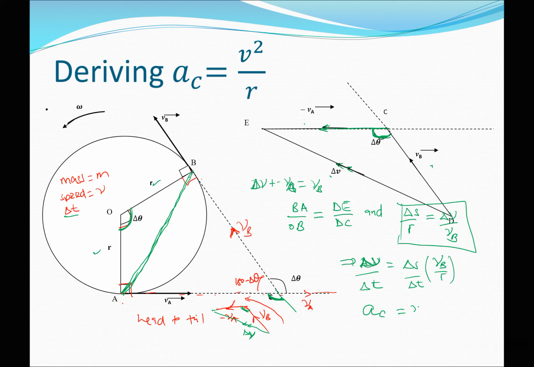So this is going to be V, the curvilinear speed or velocity V. So this is going to be V times VB over R. But I want you to also remember that the speed is constant, so VB is the same as VA, which we shall just call V, which means now that the acceleration, FC, is going to be V times V divided by R, which becomes V squared over R.